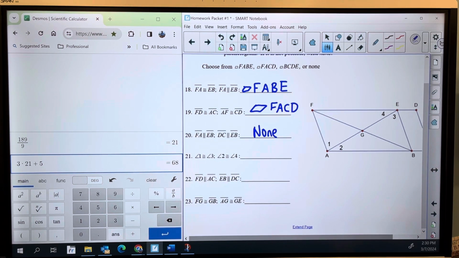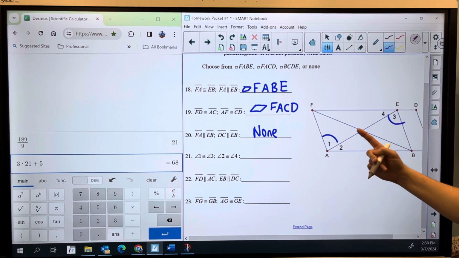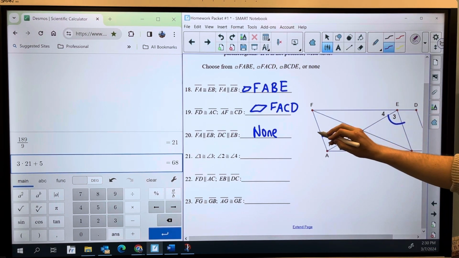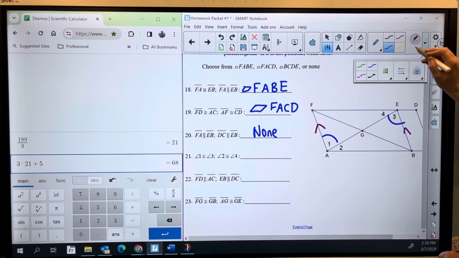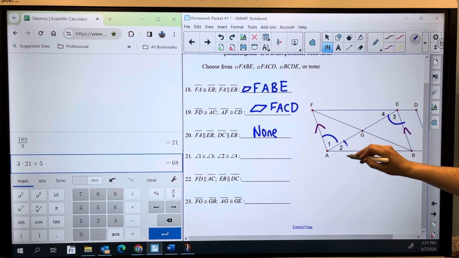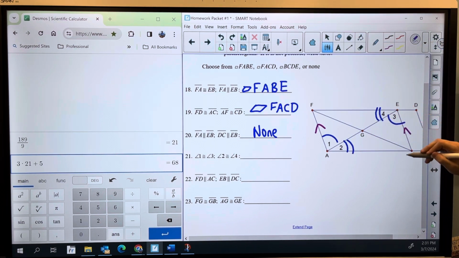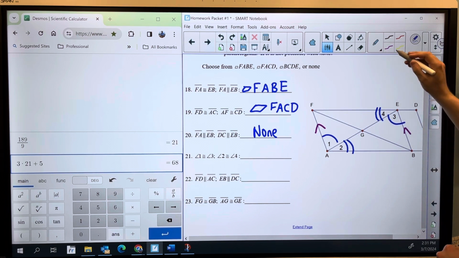Number 21. Angle 1 and 3. So I'm going to go ahead and mark angle 1, angle 3. Now, as soon as I do that, it's not written down here, but those congruent angles right there, those are alternate interior angles. So that gives me some parallel lines. That's good stuff. All right, and the second thing that this tells me is that angle 2 is congruent to angle 4. Oh man, more alternate interior angles.